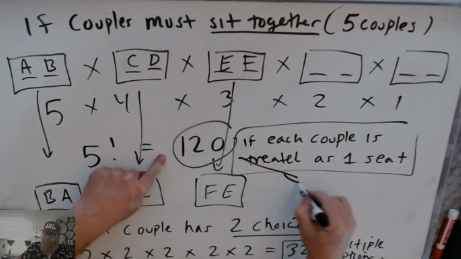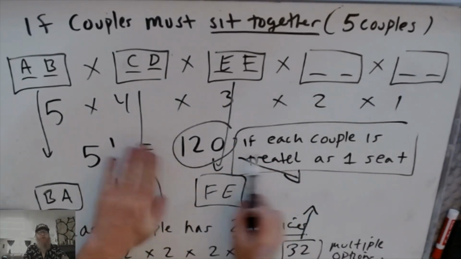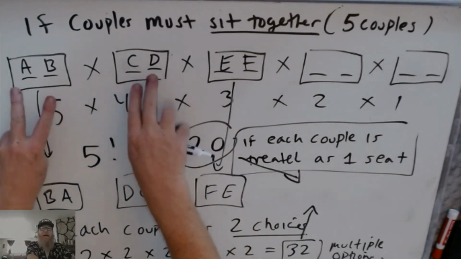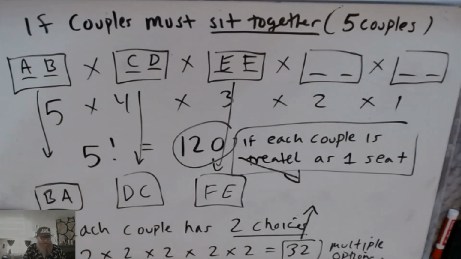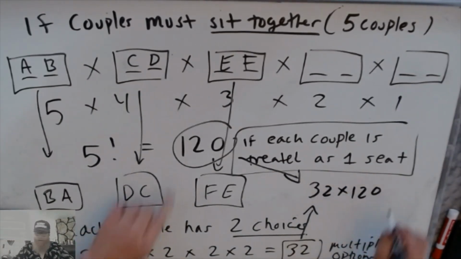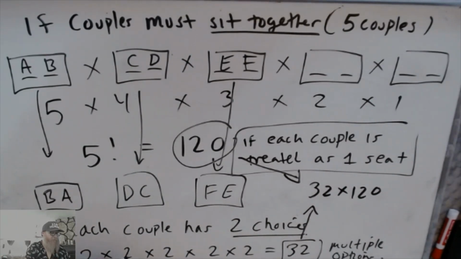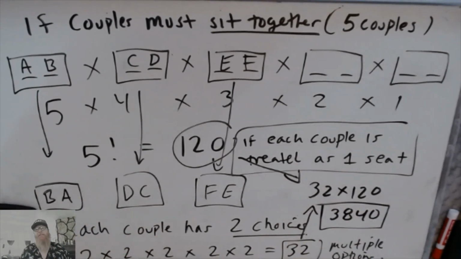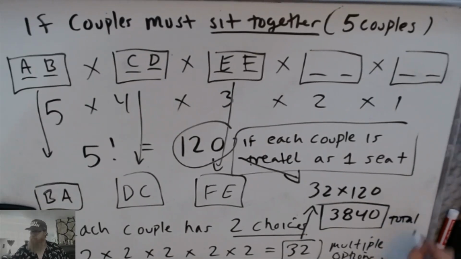So the total, I have 120 ways that the couples can take their paired seats, and then within that, there's 2 times 2 times 2 times 2 times 2, 32 different ways in which they could sit in there. So 32 times 120 gives us a total of 3,840 possible arrangements if the couples must actually sit together.